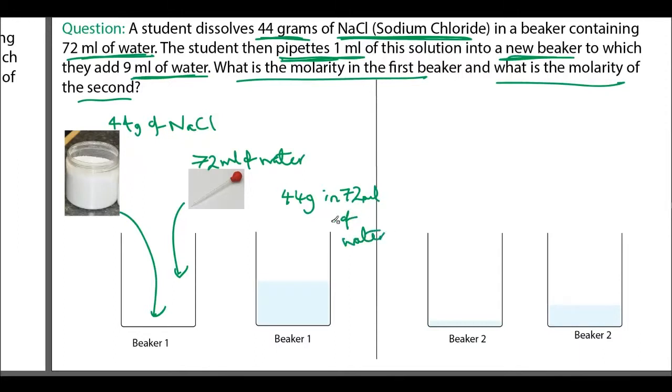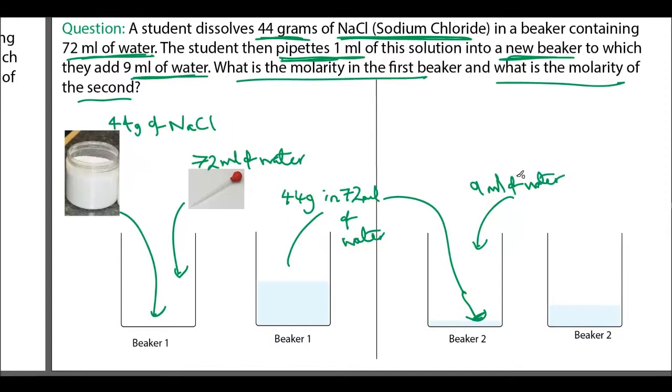Then, once this is thoroughly mixed up, we're going to take 1 milliliter out of this beaker and put it in beaker number 2. Then we're going to add 9 milliliters of water.